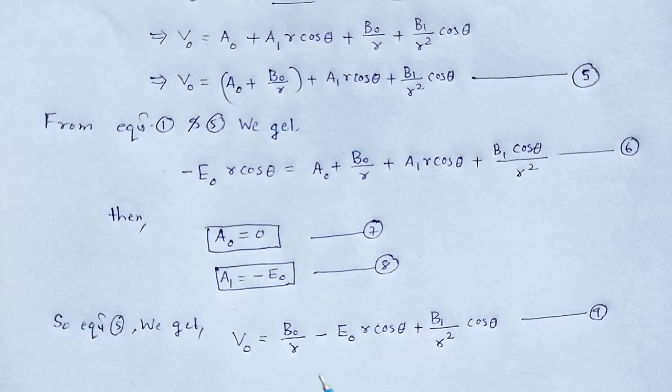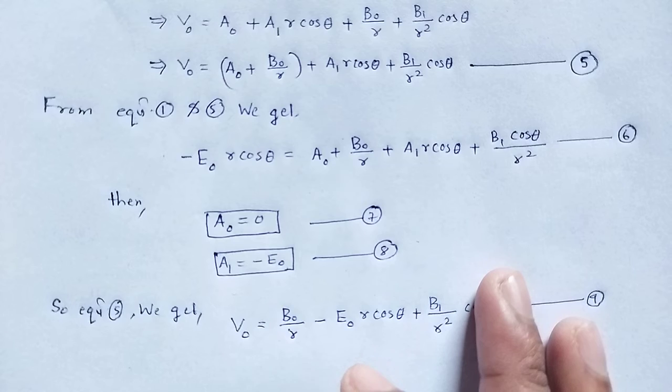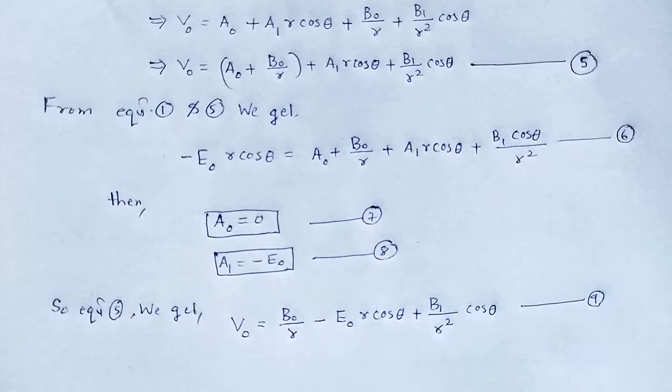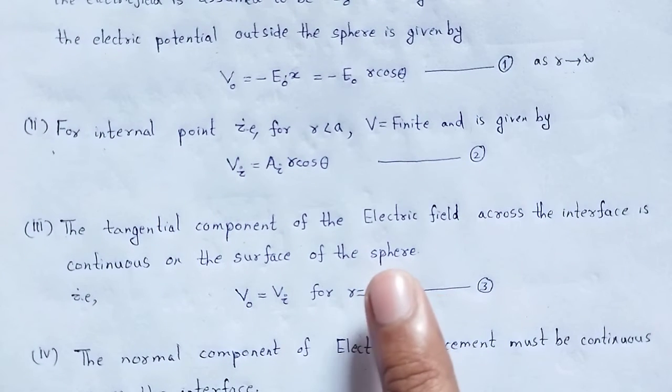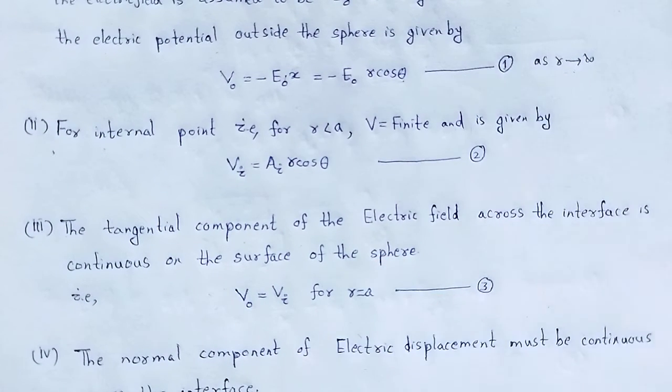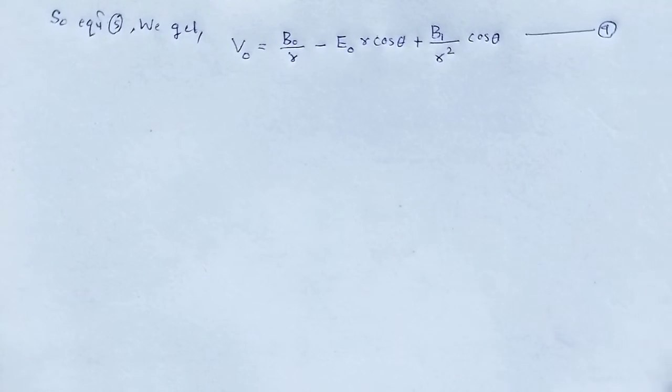Now we have to evaluate the constants B naught and B1. To evaluate these constants, we can use boundary condition 3. What is boundary condition 3? We use the boundary condition 3.